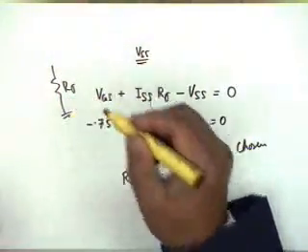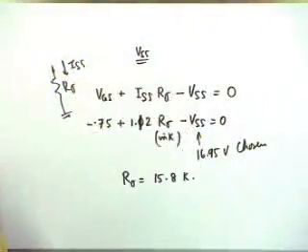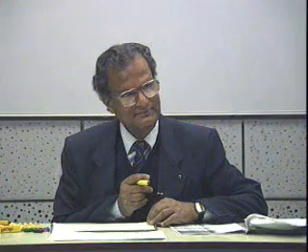This is ISS flowing through this, so this potential obviously will be positive. VSS plus ISS R sigma should be less than 0. That is right. That condition, VDS should be greater than VGS minus VP, puts a constraint. In some cases you may be able to put VSS equal to 0. But as I said, there is no point in choosing VSS equal to 0. You have a power supply, and all IC power supplies are usually plus minus and equal voltages. There is no reason why you cannot choose this.